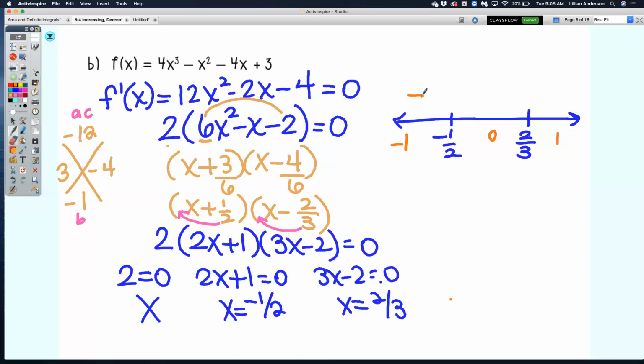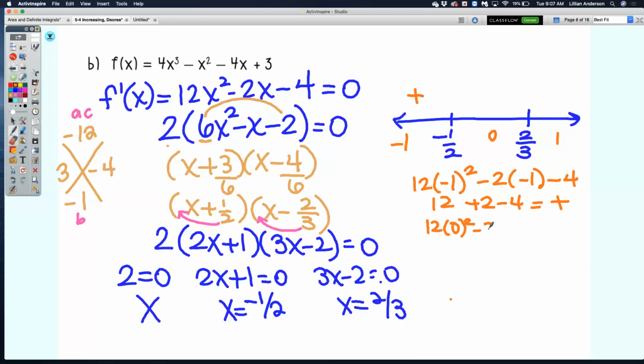Okay, so it looks like we need to double check how you guys are plugging this into your calculator. Remember, when you plug in a negative number, make sure you include parentheses. This should have given you a positive 12, a positive 2, and then a negative 4 when you plug negative 1 into the derivative, which is a positive number. So this should have been positive here. When you plugged in 0 into your derivative, you should have gotten a negative number.